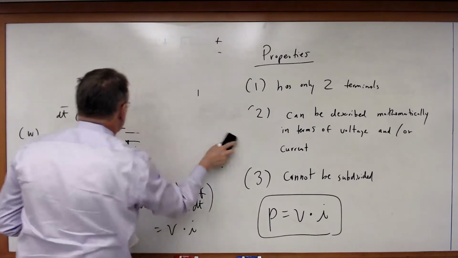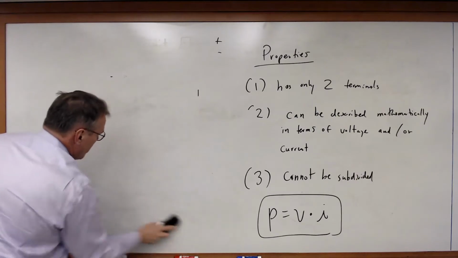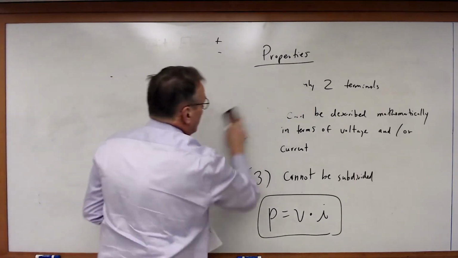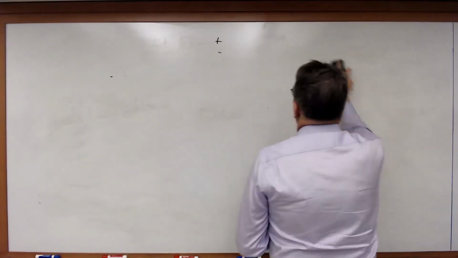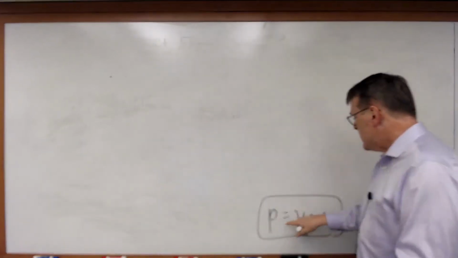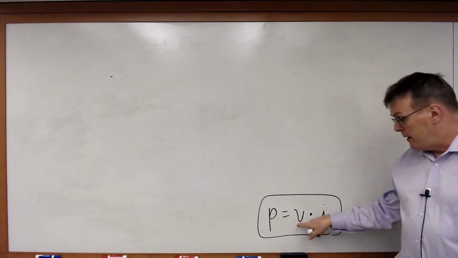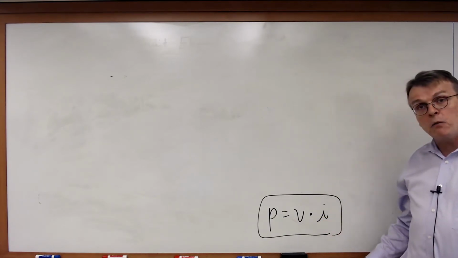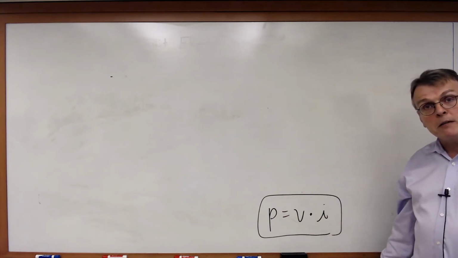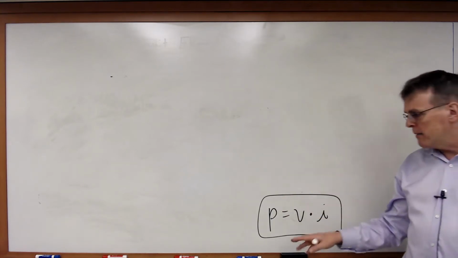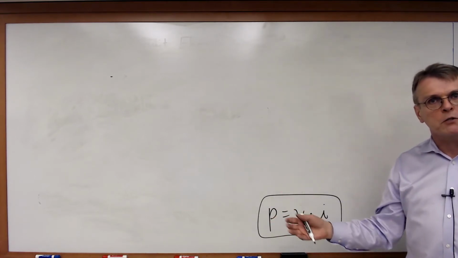Let's draw something here to illustrate the issue. P is equal to V times I. The voltage can be negative and the current positive, or they can both be negative or both positive. So power can be either positive or negative whenever you describe these terms.